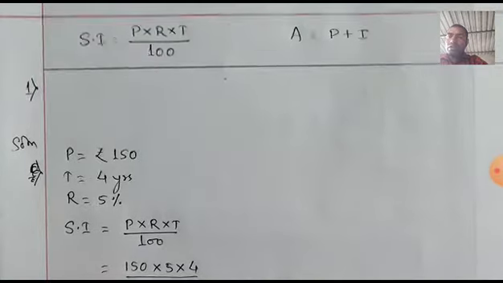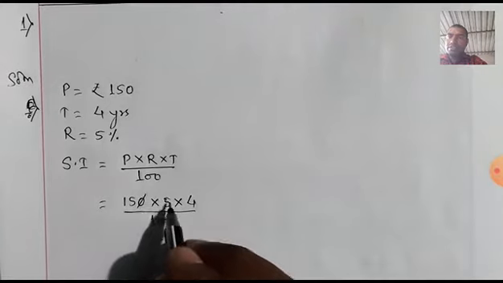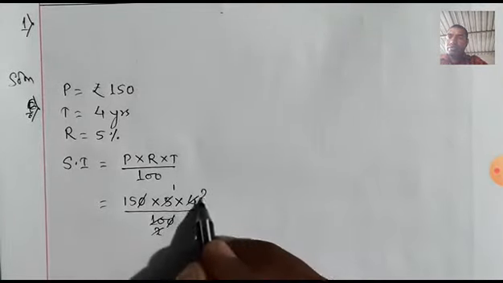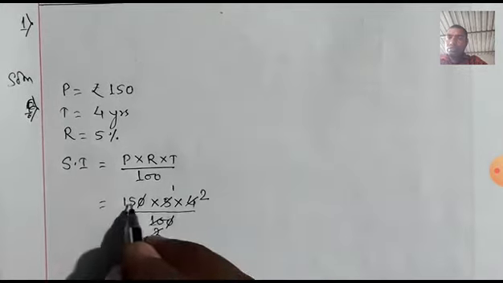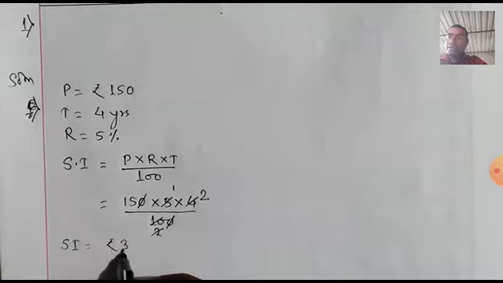Now all are in multiplication, we can do the calculations. These are easy calculations. The zeros get cancelled. 5 1s are 5, 5 2s are 10, 2 1s are 2, 2 2s are 4. So 15 into 2, so SI is equal to rupees 30. So you got the SI. SI is 30.